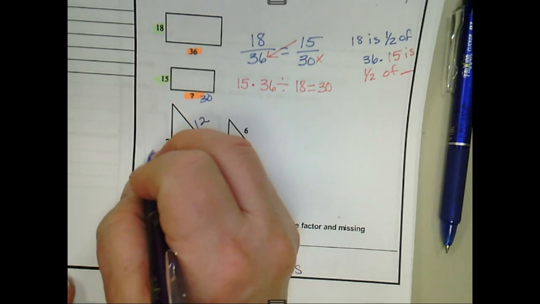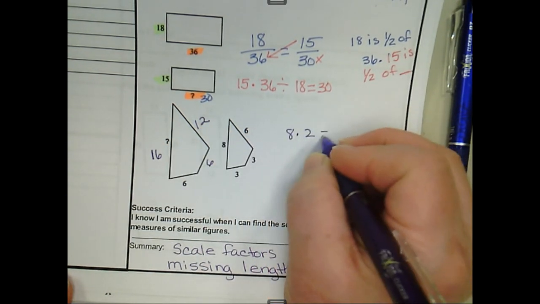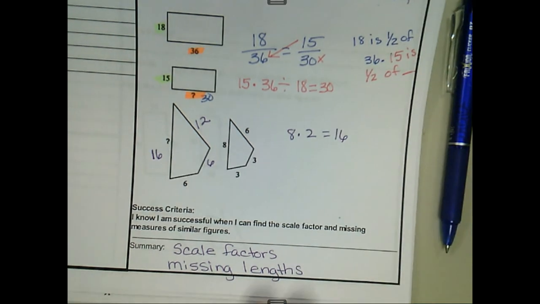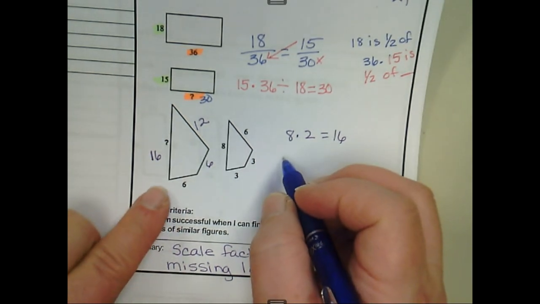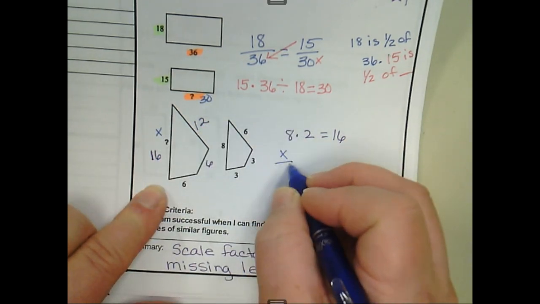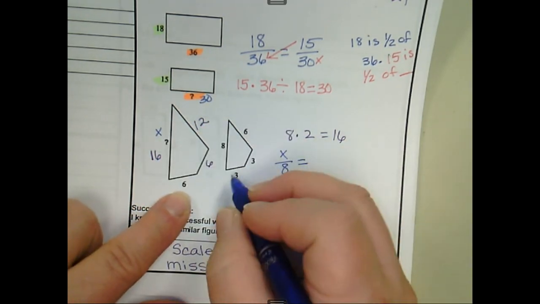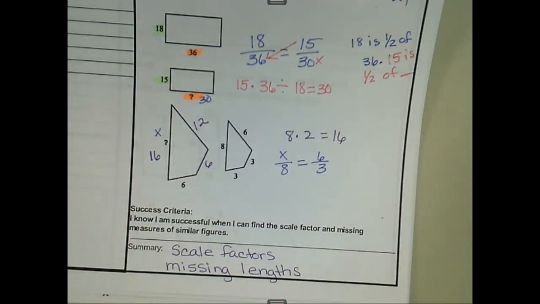You will multiply by 2. If you wanted to set it up, you could do, this is my x. X over 8 is equal to 6 over 3.